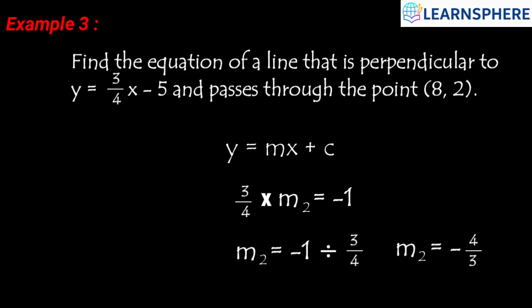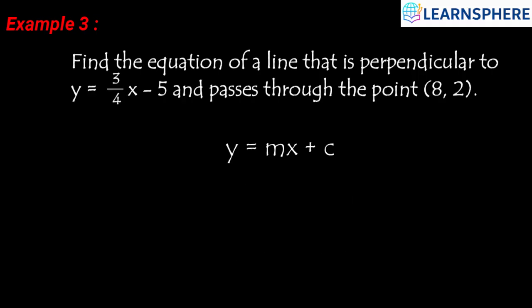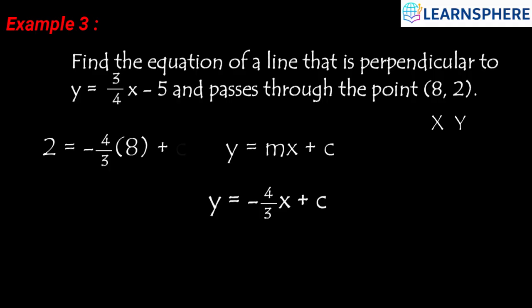Next, we can substitute our m value into the equation, which gives us y = -4/3 x + c. To find the value of c, we can use the point that it passes through, which is (8, 2), where 8 is the x value and 2 is the y value. After substituting this in, we will get 2 = -4/3(8) + c.